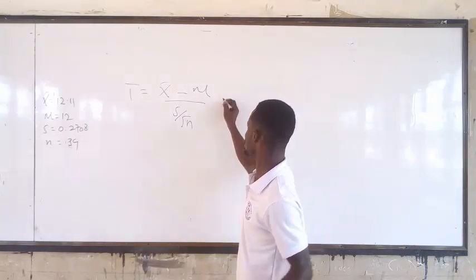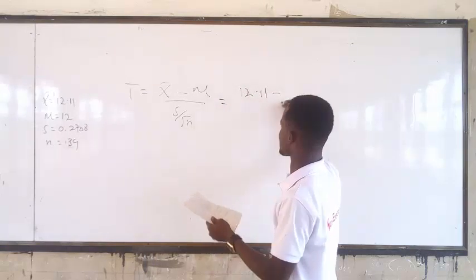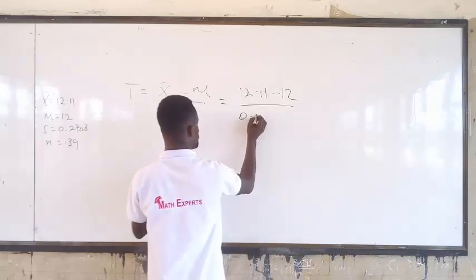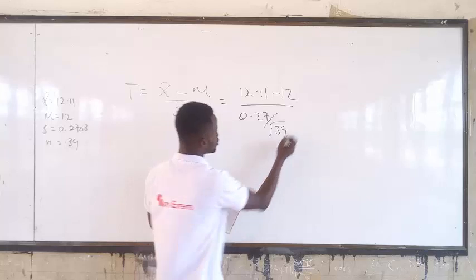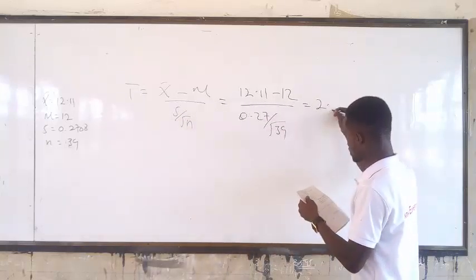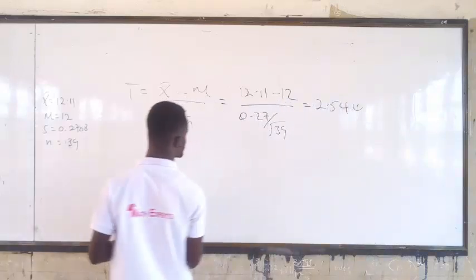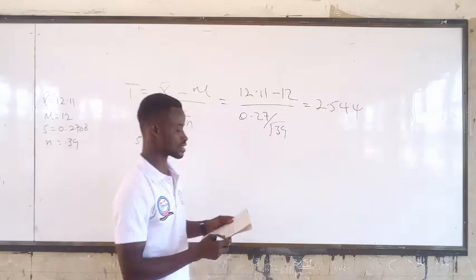Okay, so you just do your substitution. x bar is 12.11 minus 12, all over 0.27 over the square root of 39. So the result is going to be 2.544.